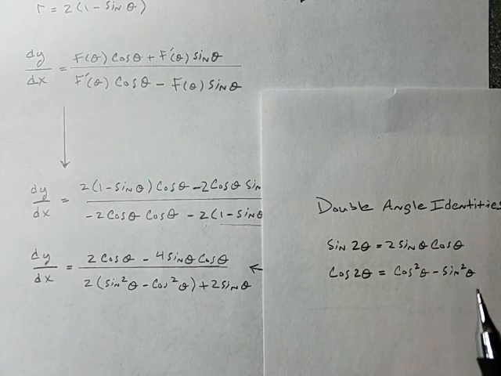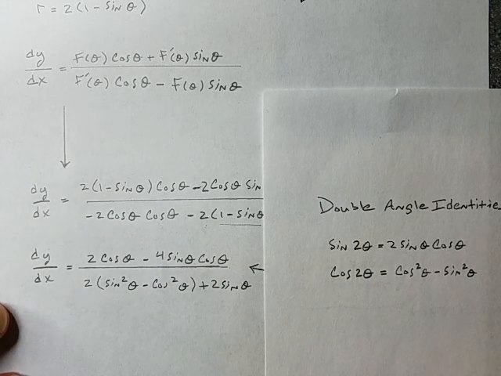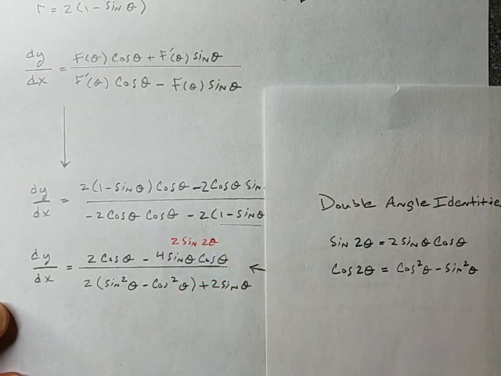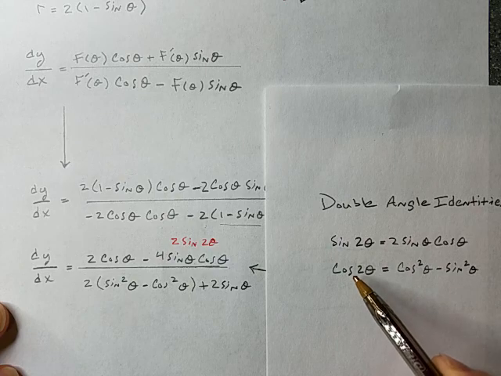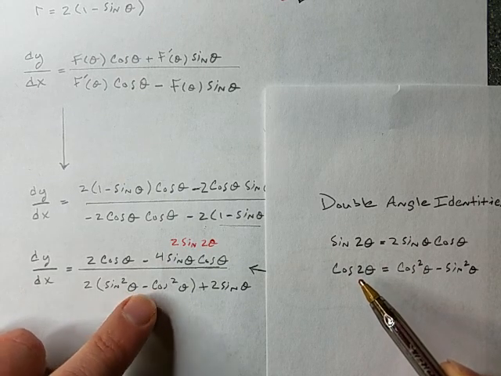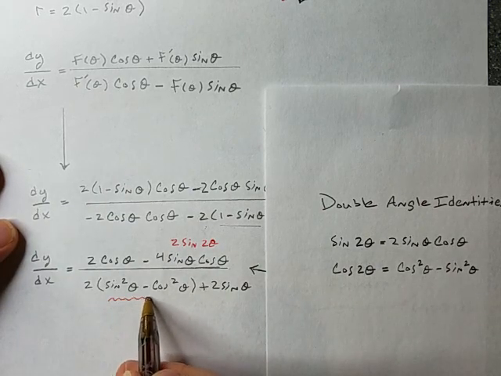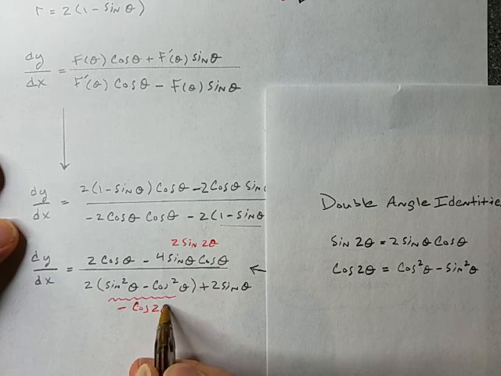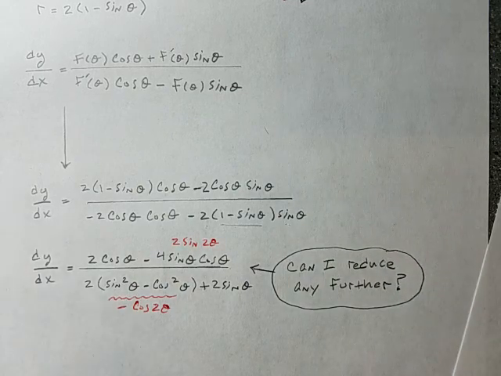In our case, this would be 2 sine 2 theta. And what about that one? If cosine squared minus sine squared is cosine 2 theta, then sine squared minus cosine squared is minus cosine 2 theta. So this right here is minus cosine 2 theta. That's how we can have the identities play out initially.